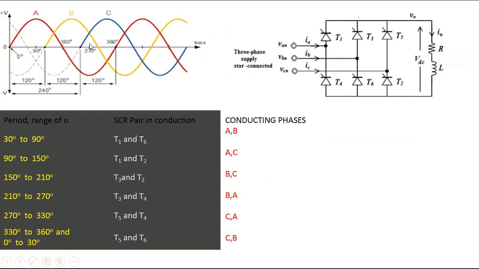From 210 to 270, anyone tell me which phase is occupying maximum space, more positive? B. Very good. Again, we are going to get B. B is made more positive and it is occupying maximum space. Therefore, current starts from the point B. B is connected to T3, so current flows from B to T3, T3 to the load.